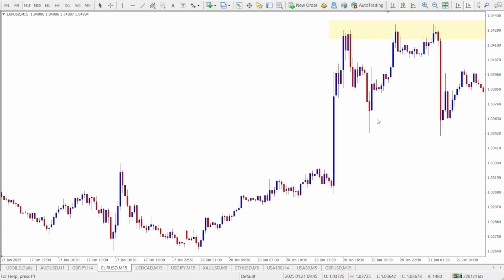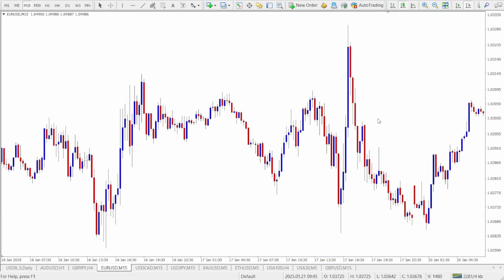Demand zones are areas where the buyers overpower the sellers, like what we have around here. Those are areas of rejection, preventing price from going further lower.